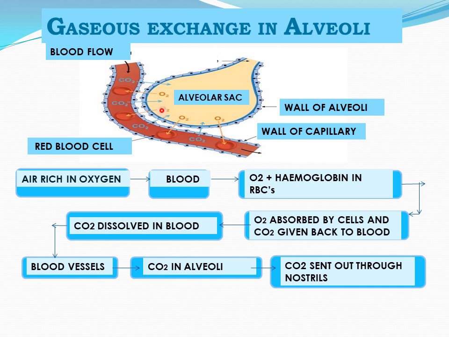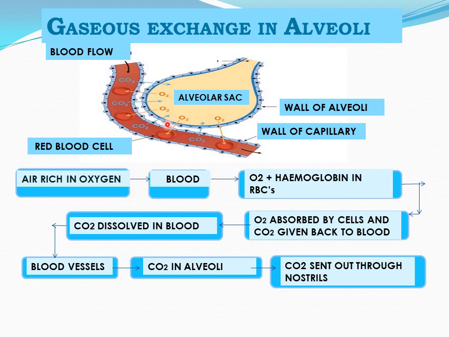So this is the exchange of gases due to the gradient or difference in concentration. So in this way, the air which reaches the alveolar sac has more oxygen. Oxygen moves towards this region and carbon dioxide towards this region, and then it is again exhaled through our nostrils.